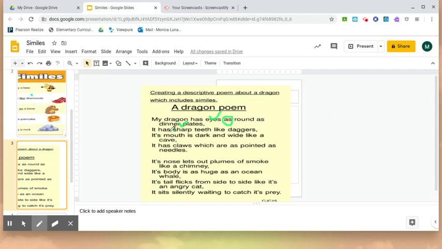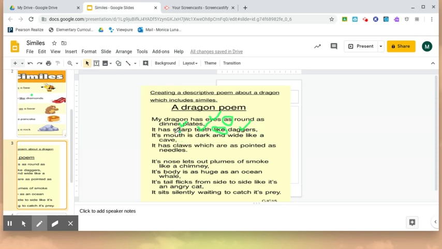Okay, let's go to this line. It has sharp teeth like daggers. So they're comparing the teeth to daggers. And they use the word like. Its mouth is dark and wide like a cave.